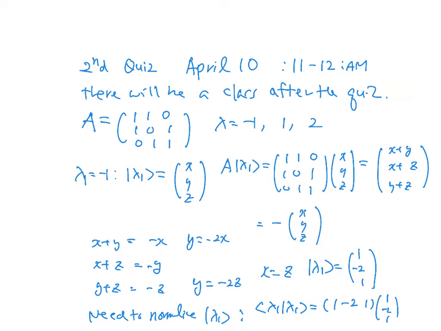So lambda 1 is 1, minus 2, 1. The norm of 1, minus 2, 1 is square root of 6, right? So we can write down the normalized eigenvector: 1 over square root of 6, times 1, minus 2, 1.